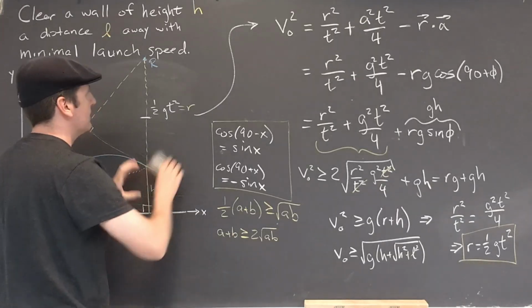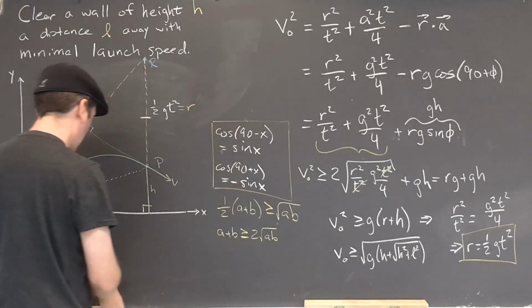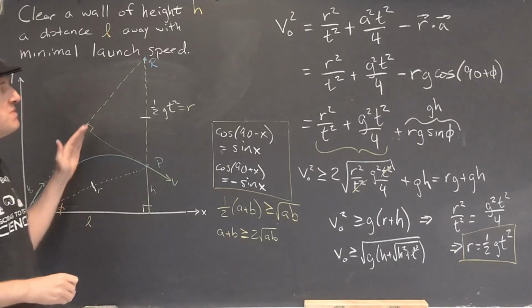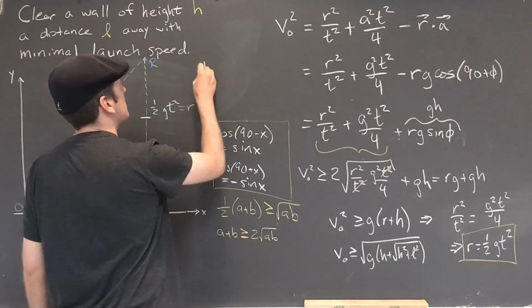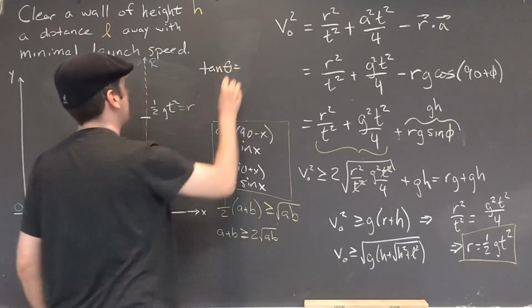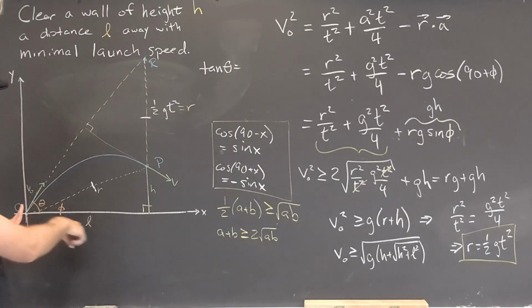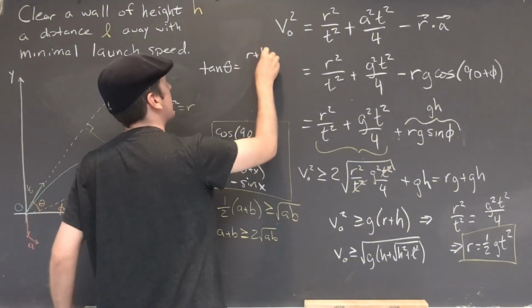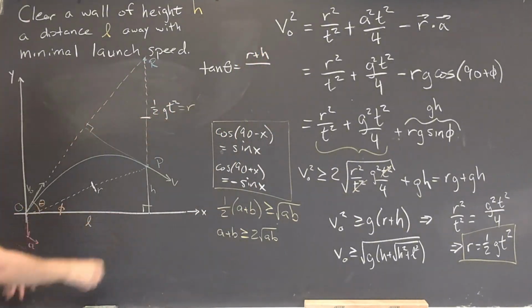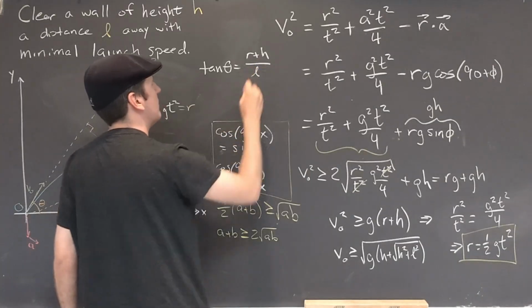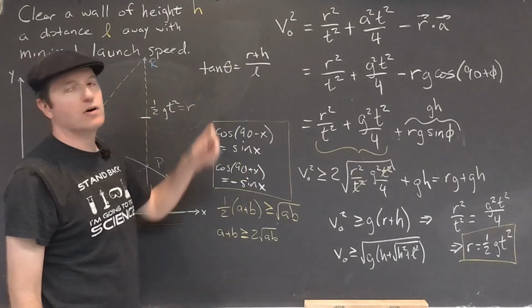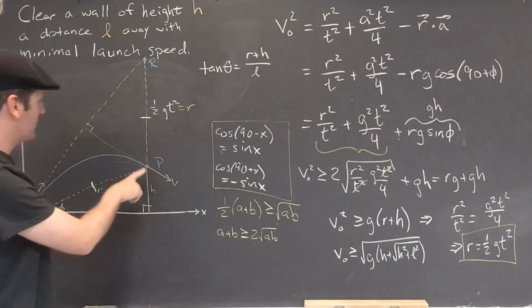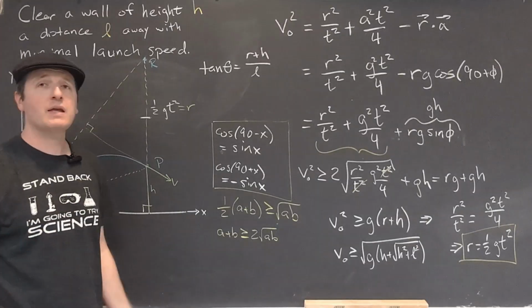We can quickly see that the launch angle that gives us this minimum speed is going to obey tan theta, which is the tangent of this angle, is the opposite side, r plus h, over the adjacent side, which is L. And once again, you can rewrite R in terms of H and L using the Pythagorean theorem. QED.